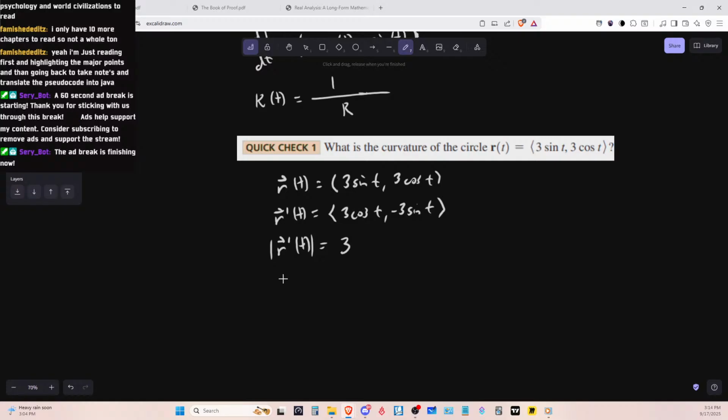And now, for T. Okay, so dT is negative sine, and then negative cosine.